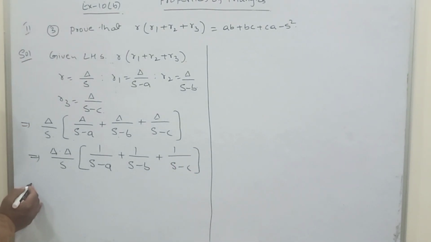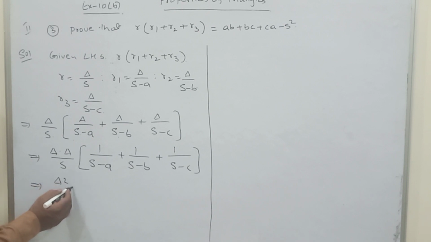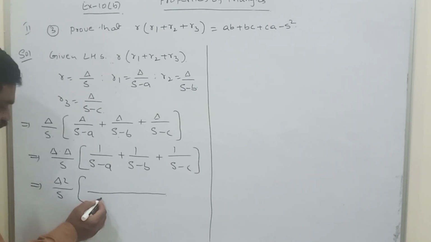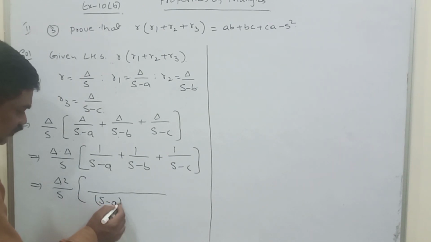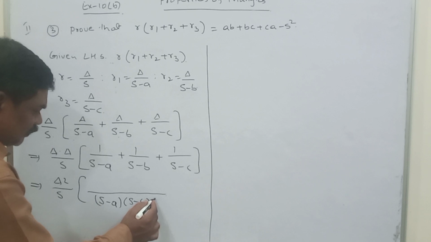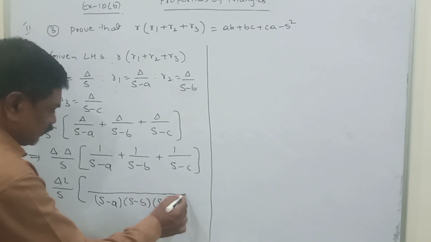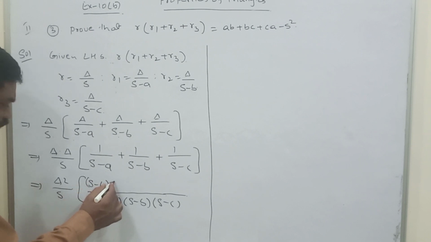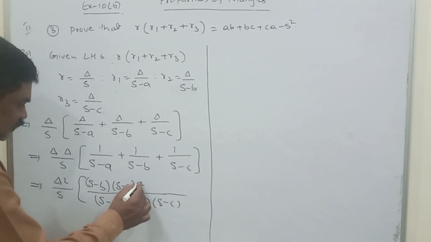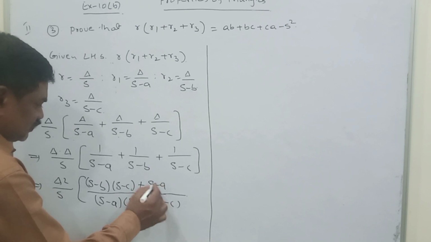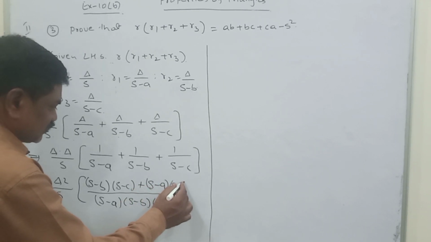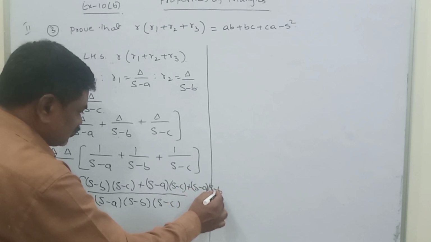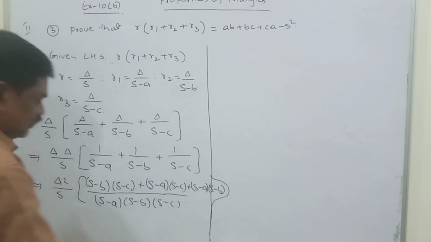This is delta square by s. The denominator is (s − a) into (s − b) into (s − c). So here the numerator is (s − b)(s − c) plus (s − a)(s − c) plus (s − a)(s − b).